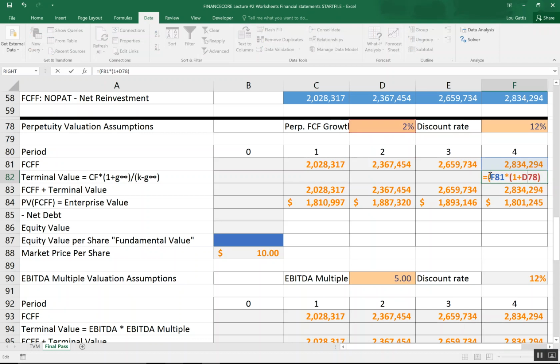I'm then going to divide that by the discount rate minus the perpetual growth rate. That's going to give me the value of the infinite cash flow series from year 5 till infinity, but it gives it to me in year 4. So I then can add up this present value of all cash flows from year 5 to infinity, which gives me the value in year 4, plus the cash flow in year 4. So I get $31 million.